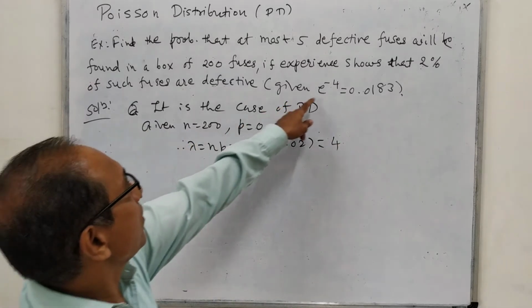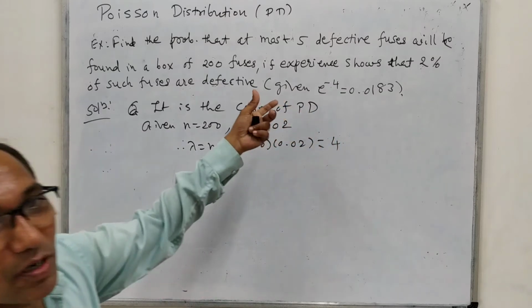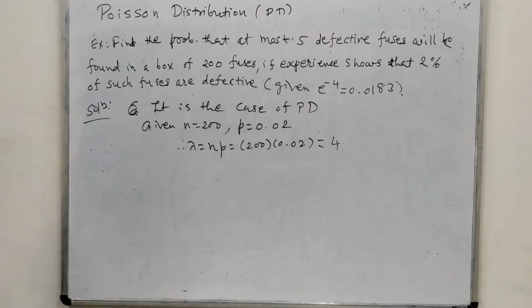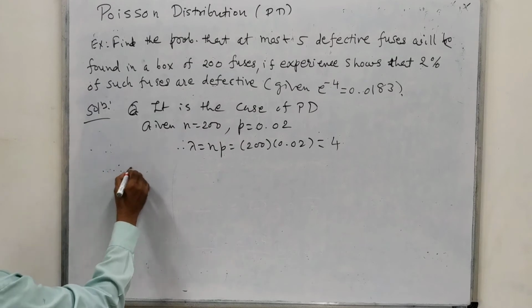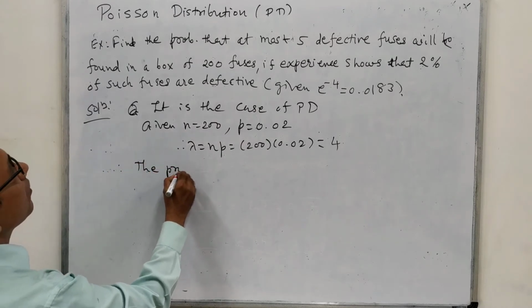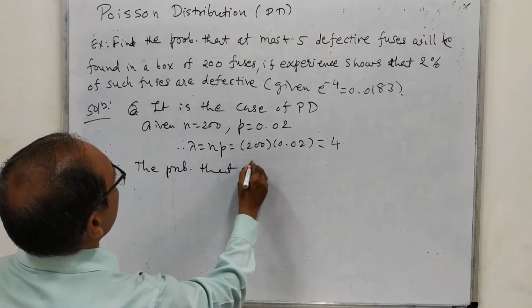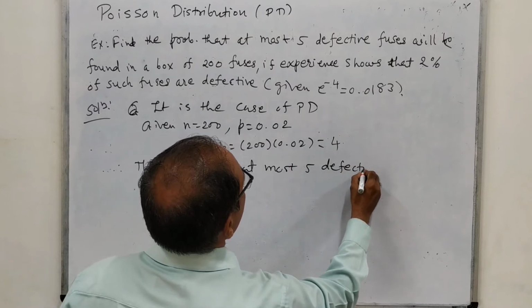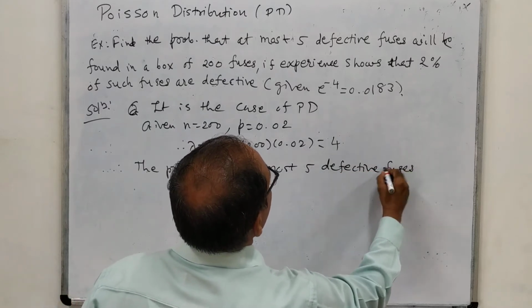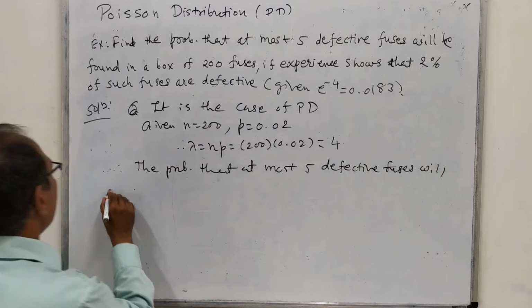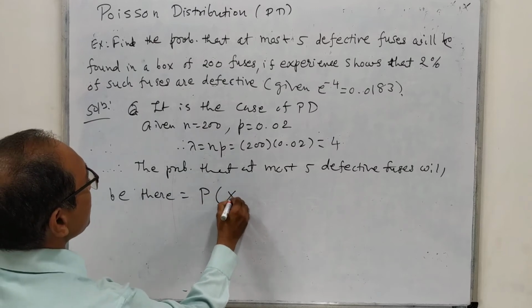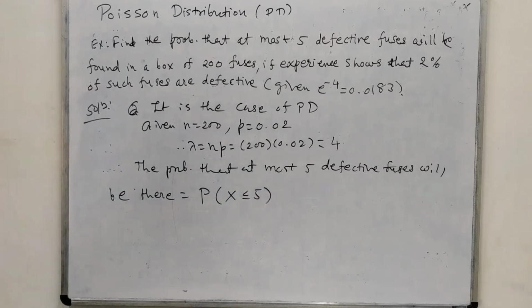And here we are given e raised to minus 4 equal to this value. If we are not given, then also we can find such a value by using a calculator very easily. But sometimes in an example we may be given this value, so it saves our time. And therefore the probability that at most 5 defective fuses will be there is equal to the probability of x less than or equal to 5.